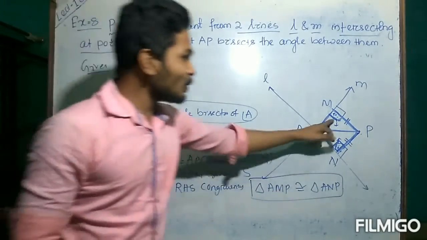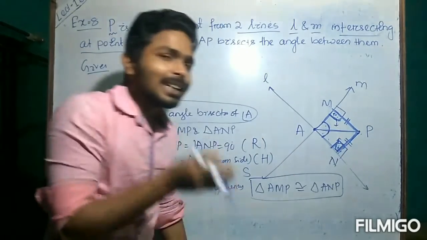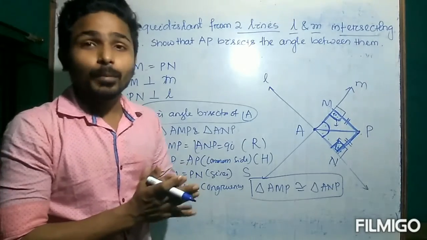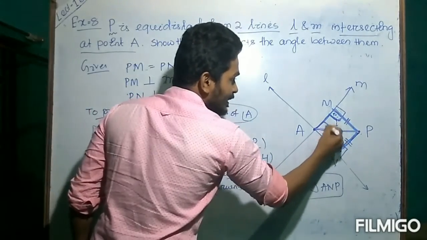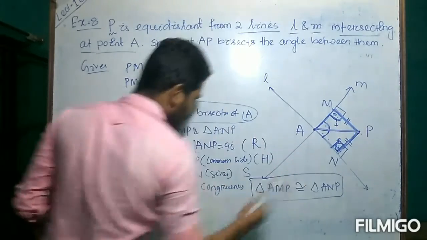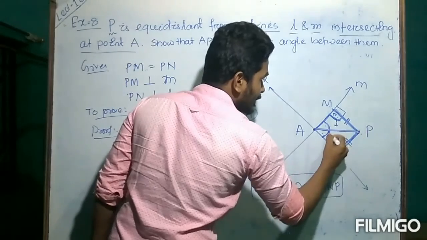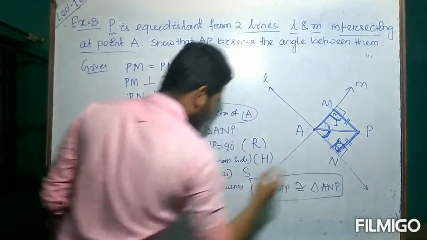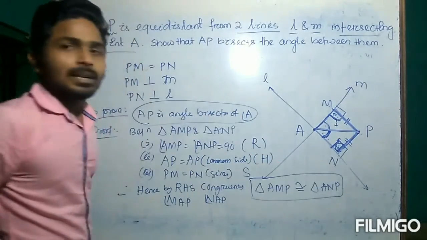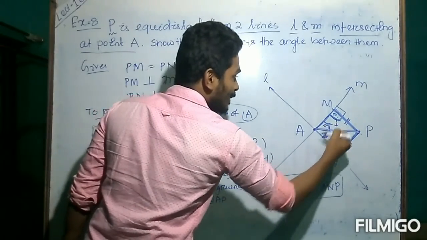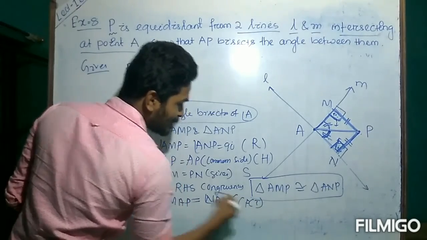Since these two triangles are congruent, can we write that their corresponding angles must be equal, according to exam 7.2? So we can write for the triangle AMP, this is an angle, which angle? MAP. For the triangle ANP, this is also an angle, NAP. But we know this triangle is congruent to this triangle, so we can write that this angle must be equal to this angle by CPCT, or exam 7.2.